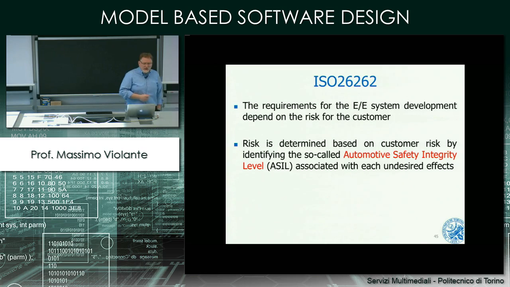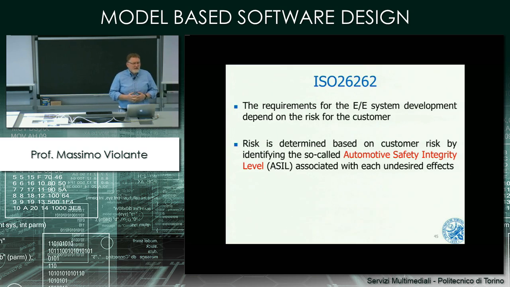Associated with the ASIL of our system, we will have procedures and techniques that are suggested or must be adopted according to the standard to reach the safety level that the ASIL is asking for. As we will see later on, we have different flavors of criticalities, different levels of automotive safety integrity.